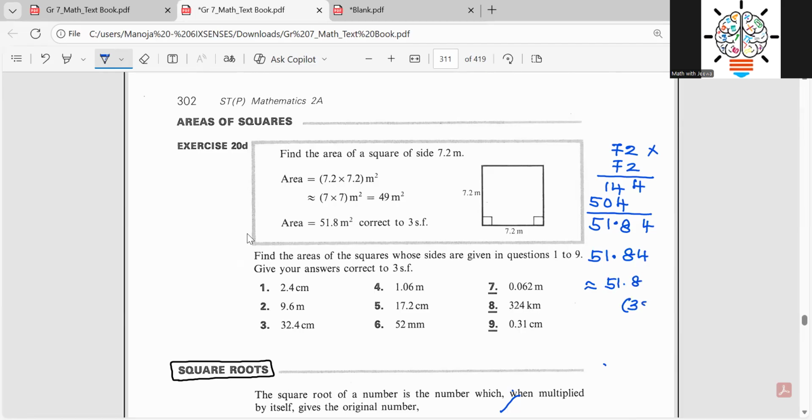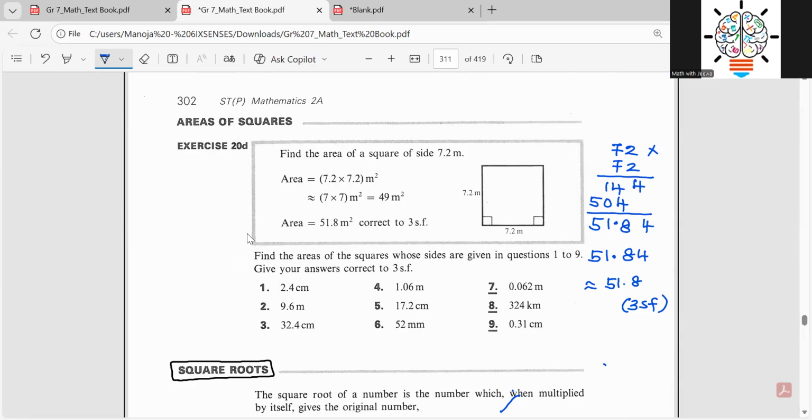It is for 3SF, right? I'm not talking about correcting the numbers to each and every significant figure, because we have discussed these things in chapter 1. By any chance, if you are struggling with that, please go and watch that video. Otherwise, it takes our time, right?